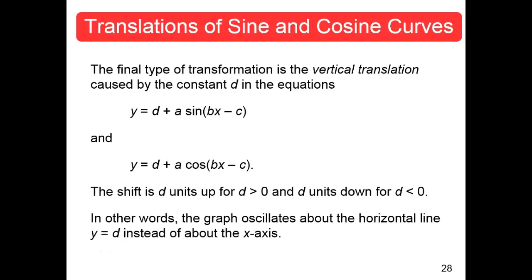Say if that was a 5, rather than starting here, you're starting at 5, and then you're going up and down from 5. Okay. So, where does that put us? We will now start, I'll do this a little bit differently. I'll start at my phase shift as my x coordinate, and D is going to be my y coordinate. There's where we'll start, and then we'll go up or down from there.